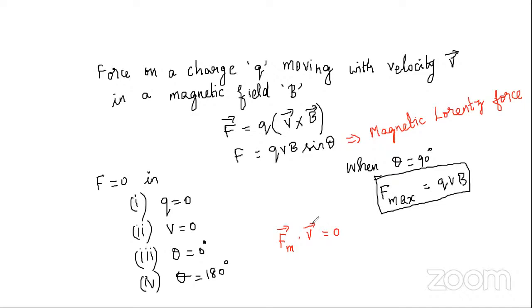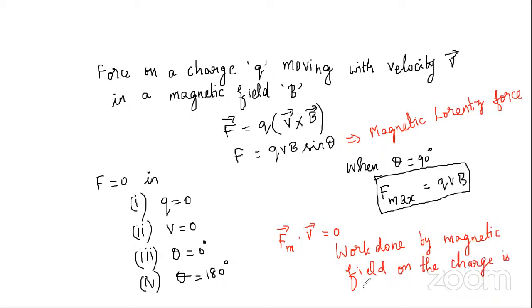The work done by the magnetic field on the charge is 0, because we have the general formula for power, P equal to F dot V. Here you have Fm dot V, and that power or work done is 0.